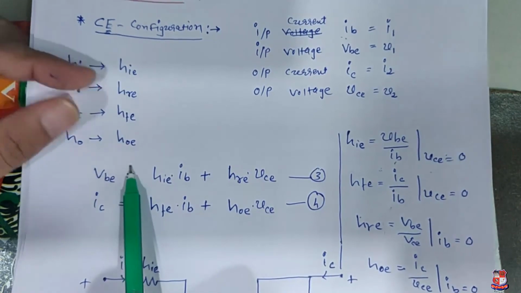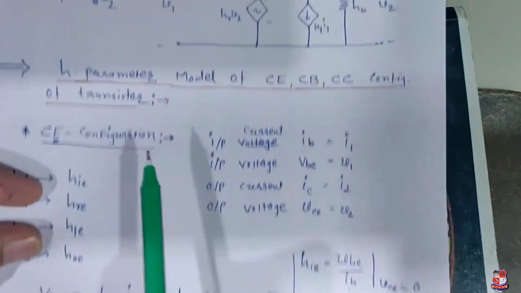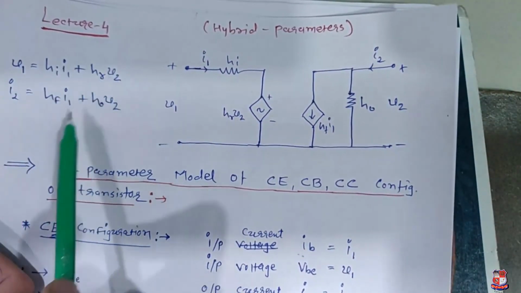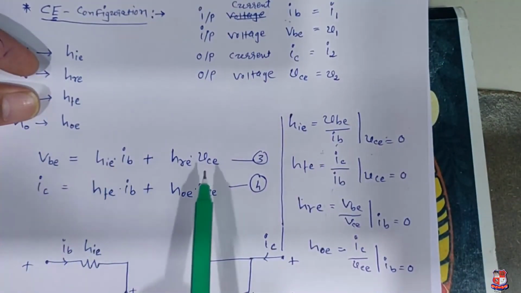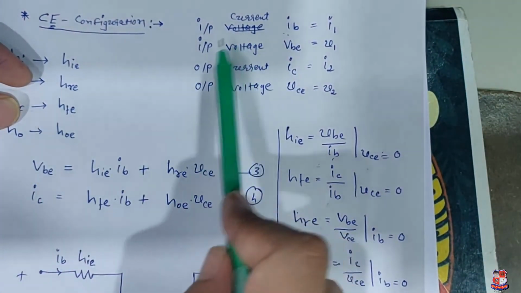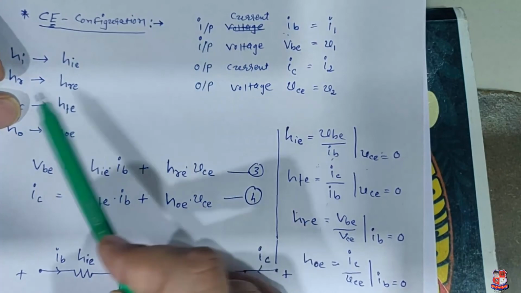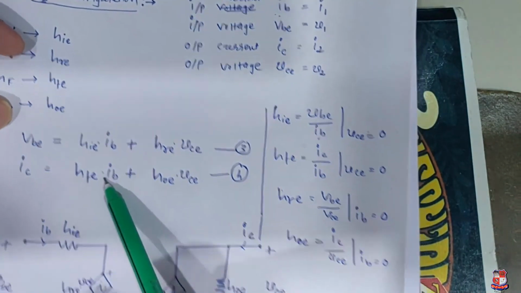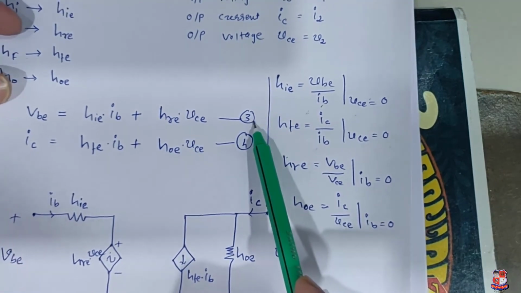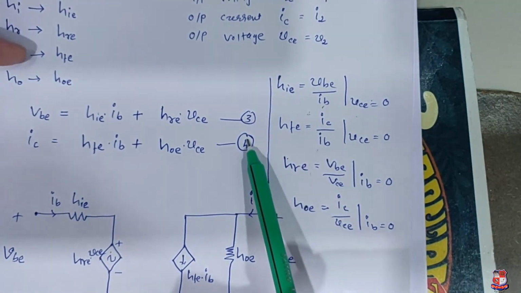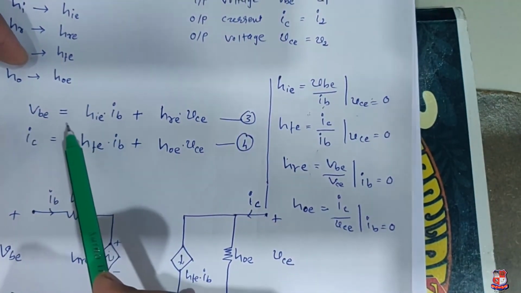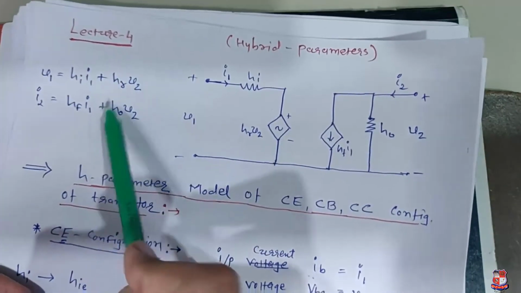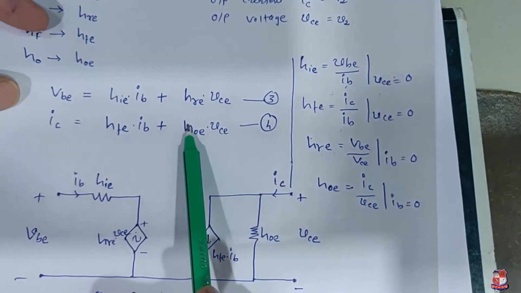Okay, then we can rewrite these 2 equations into new format by putting these different names in this equation. So we will achieve equation number 3 and 4, which is equivalent to this equation, but it is for common emitter configuration.